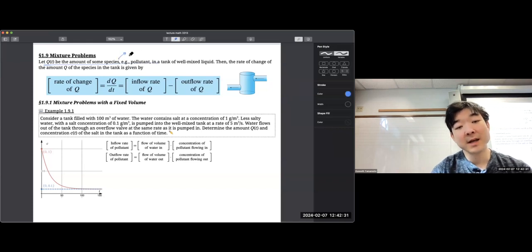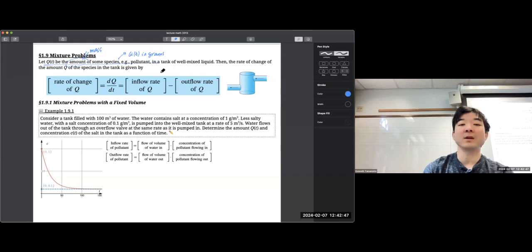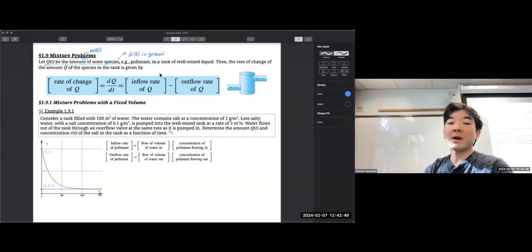So Q(t) is the amount of some species, and let's say the amount equals the mass of some species. Suppose it's in grams. It could be kilograms, it could be pounds, but just some mass of some species in a tank that's well mixed.